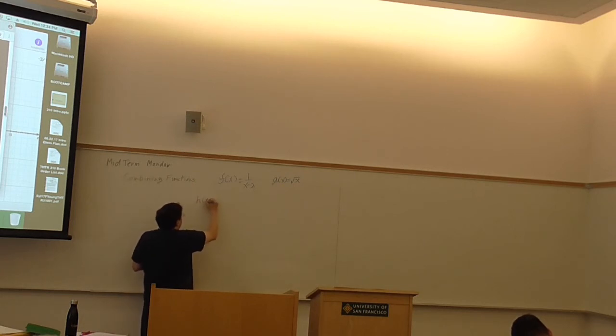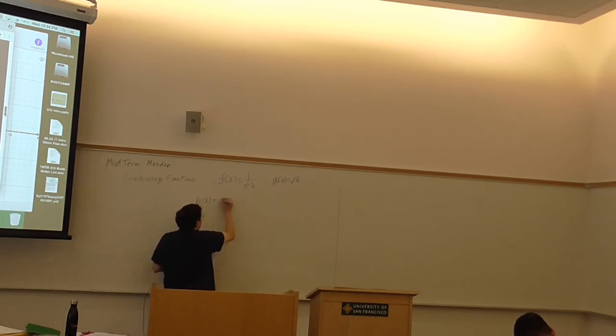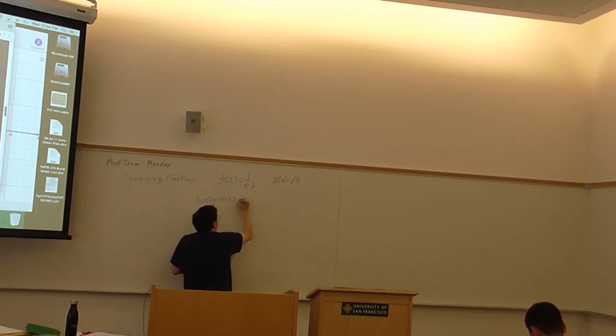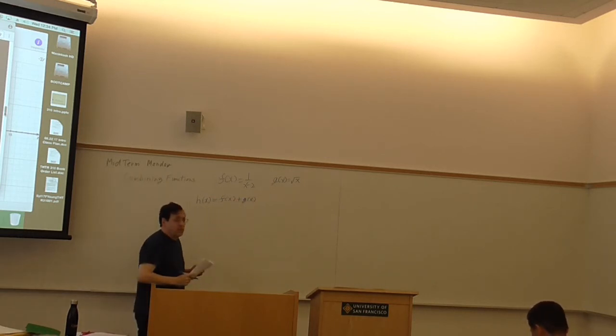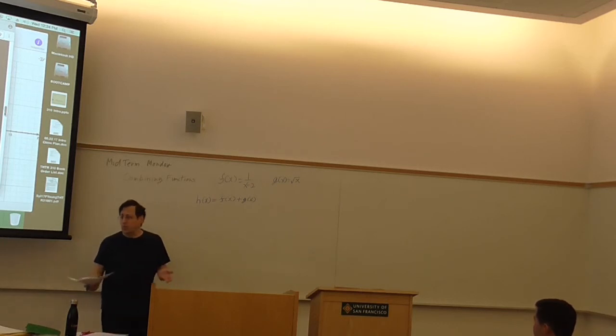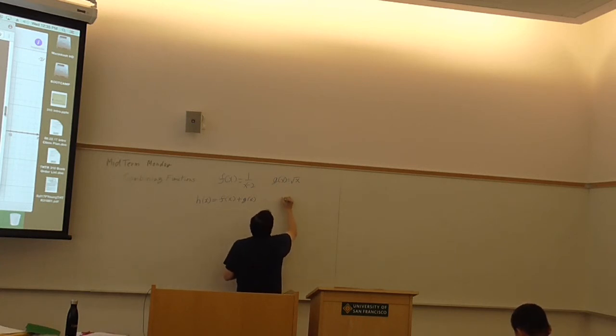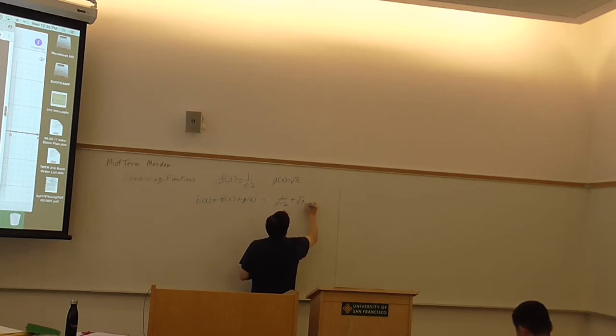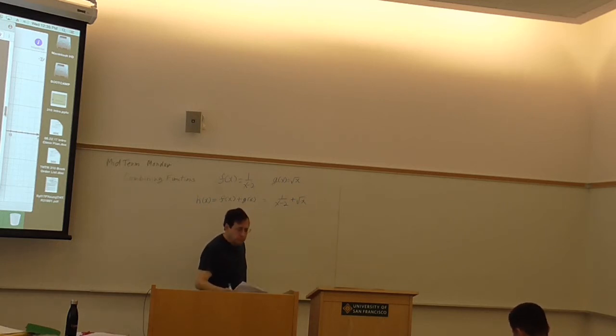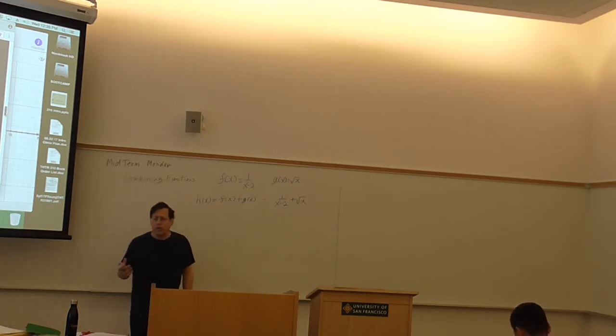So I want to know what h of x is, where h of x is f of x plus g of x. So of course it's easy to find the new rule. I can just do that algebraically. That's just going to be equal to 1 over x minus 2 plus the square root of x. Now I have to work a little. So I want to know what the domain of h is.